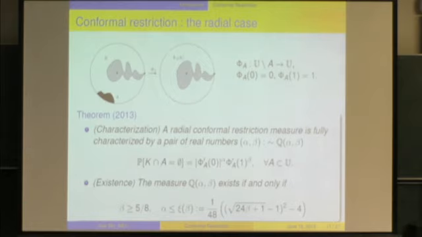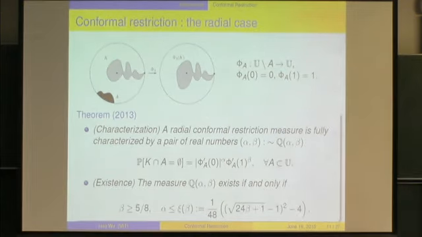And this pair is related to the random set in this way. The second part is the existence. So the measure exists if and only if there is a lower bound for beta and an upper bound for alpha. And here I want to explain a few more words about these two equations.